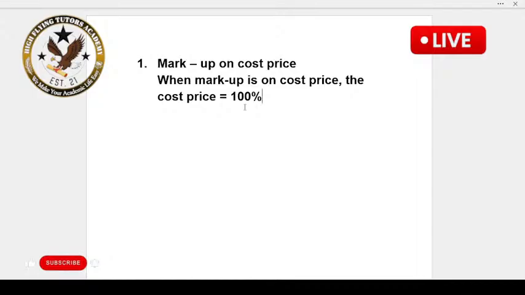So let's say the transaction comes to you and says you sold goods for 2,500 rand with a markup of 25% on cost.